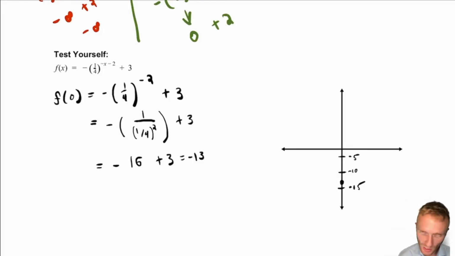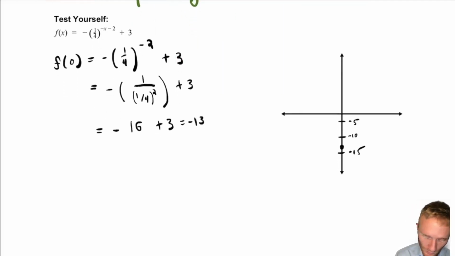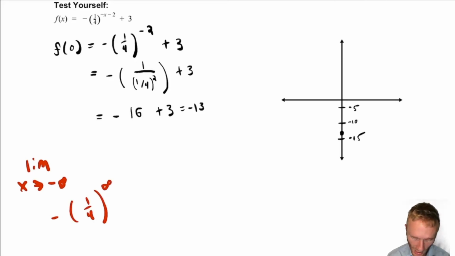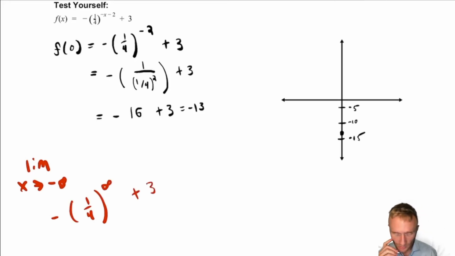Let's see what happens with our limits. The limit as x approaches negative infinity, do our scratch work here, we'd have negative 1/4 to the, okay, negative x minus 2, that becomes positive infinity minus 2. Positive infinity minus 2 is just positive infinity, plus 3.